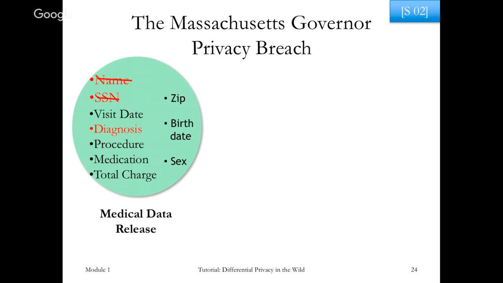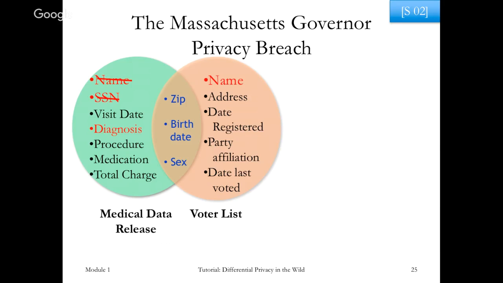Now, a researcher got hold of this data set and found that she could join it with the voter registration list of Massachusetts, which contains all people who vote in Massachusetts. She could join these two tables based on the attributes zip code, birth date, and gender.